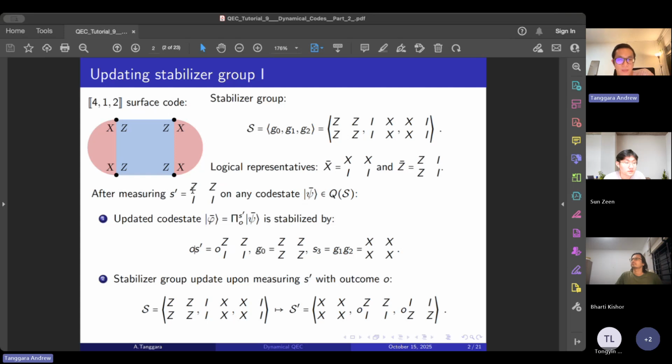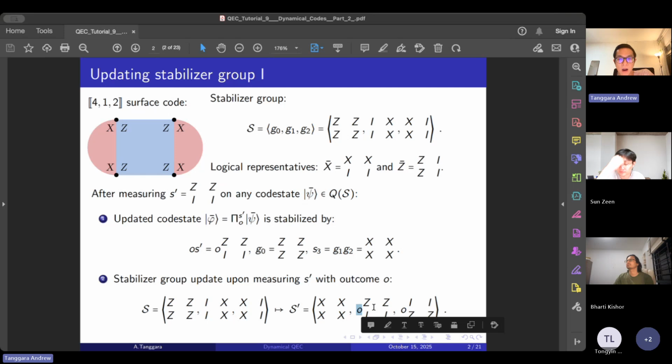So after you measure these two Z's on these two top qubits, you update your stabilizer from stabilizer S to stabilizer S prime. Just to clarify, probably some confusion from last week: this new stabilizer S prime is going to be dependent on this outcome O, right?